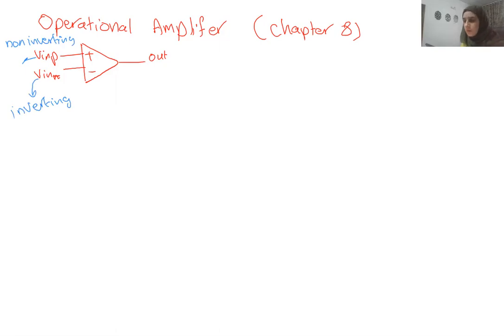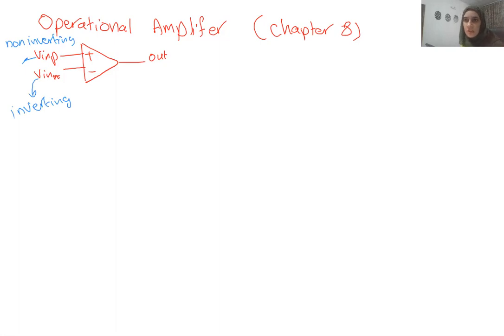Okay, we give it this symbol, but what is inside this operational amplifier? You can see it has two inputs and one output. So what amplifier does this remind you of? For sure, there is a differential amplifier inside this operational amplifier, but typically it's not one stage.